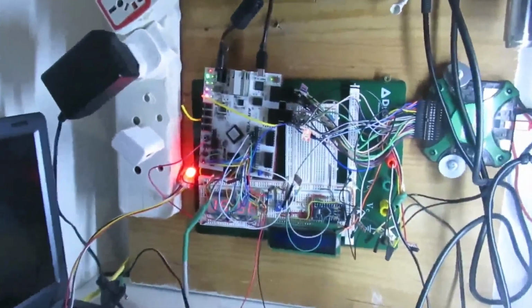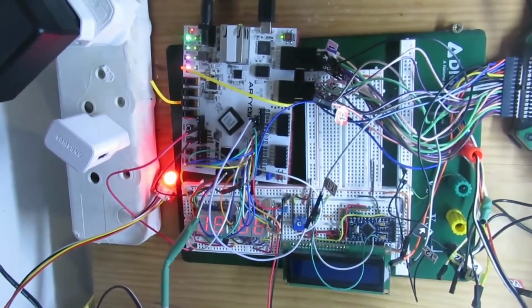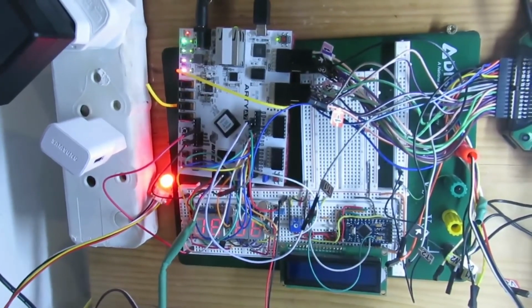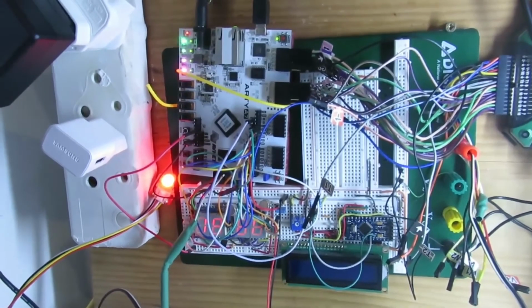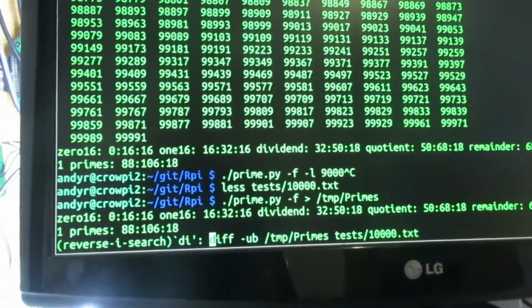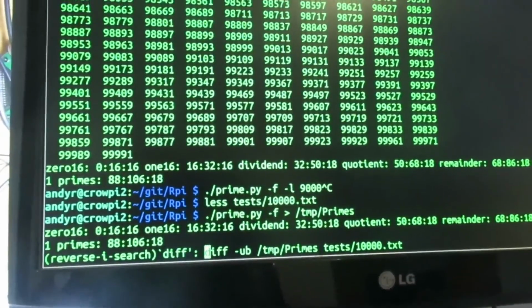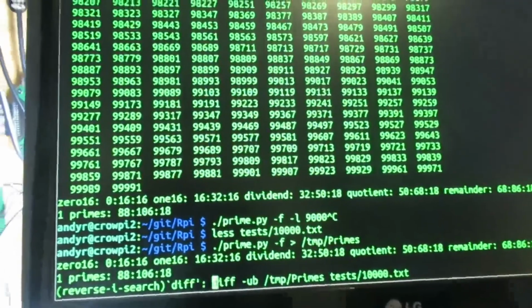And over here, it's doing the calculations again. And at the end of all the calculations, the Raspberry Pi will pull the results out of the memory of the SIMD machine. And then we can compare those two files, the one generated by the SIMD machine and the one from MIT.